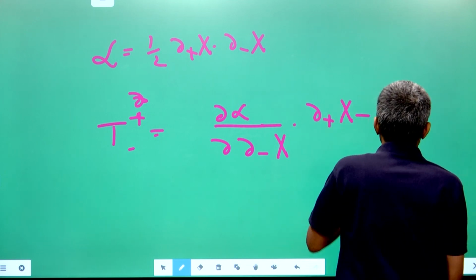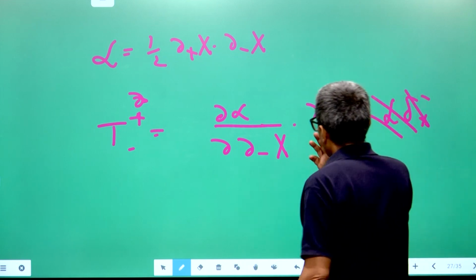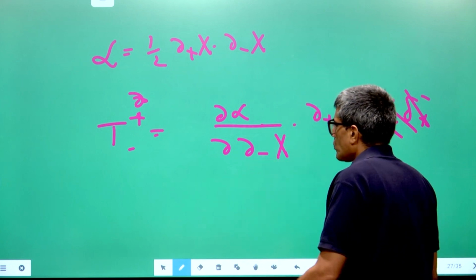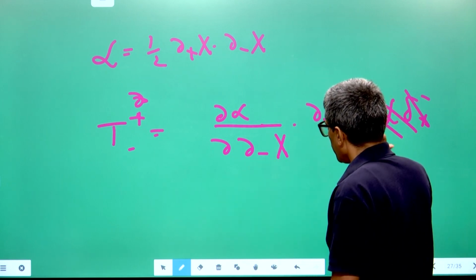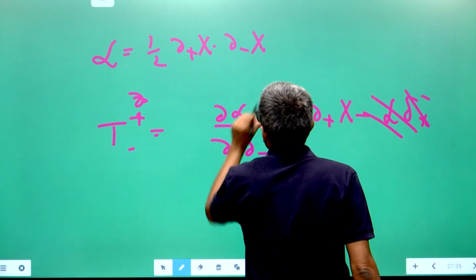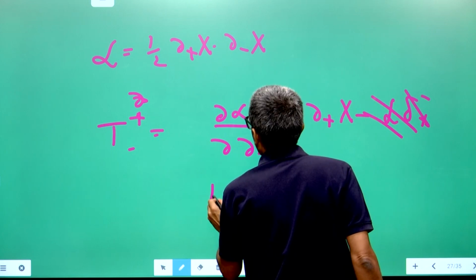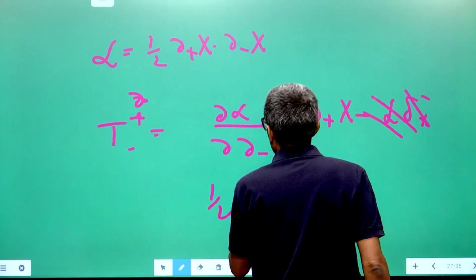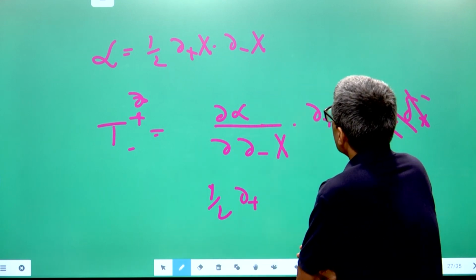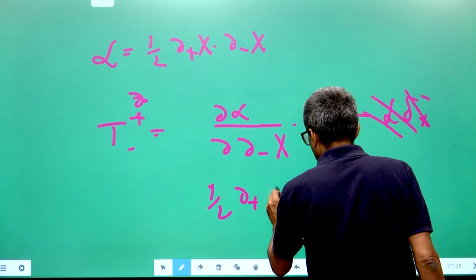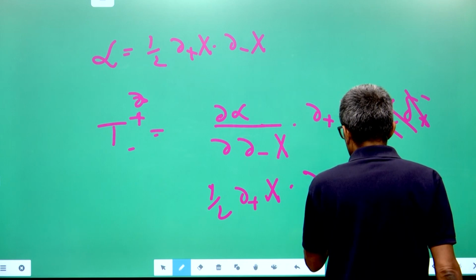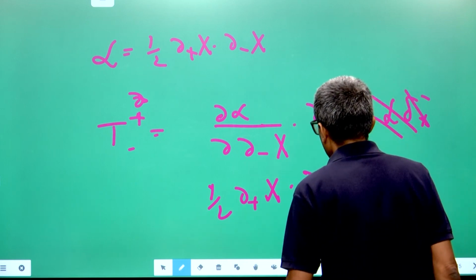Delta minus plus is 0, so this will not contribute, and delta plus plus is 1, delta plus minus is 0. So del L by del (del minus x) will give you del plus x, and you are dotting it with del plus x. So this is what you will get.